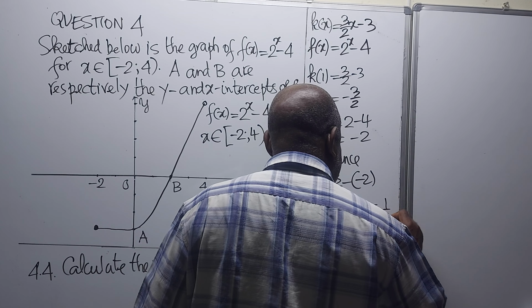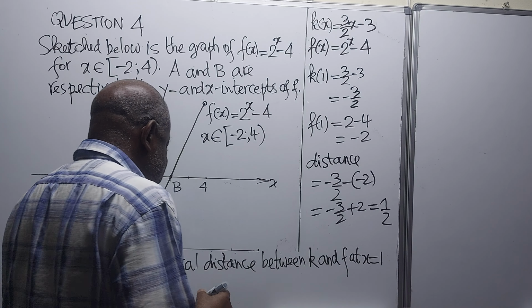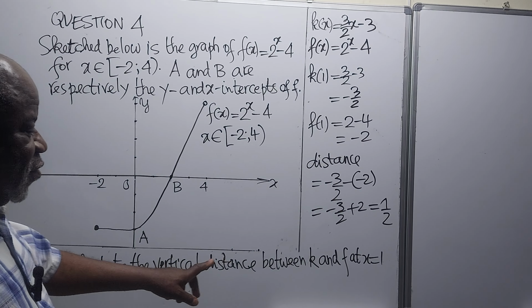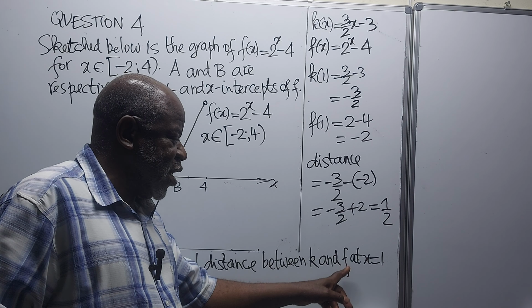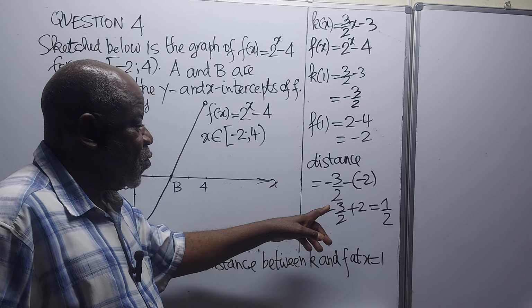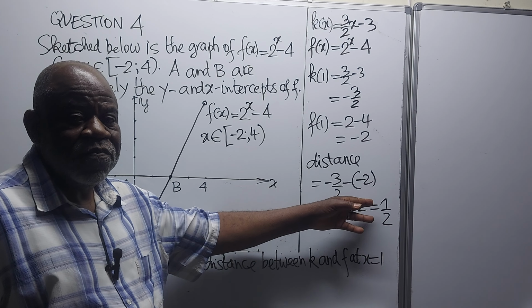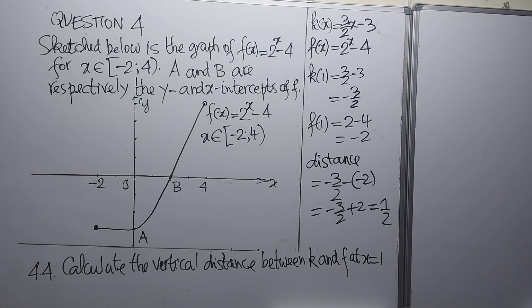Then we get 1 over 2. So the vertical distance between k and f at x is equal to 1 will be 1 over 2. So we're done with this question 4.4. We're going to clean the board and take the next question, and that is going to be 4.5.